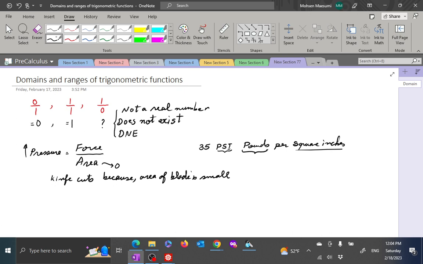If you have a substantial force divided by a small area, you get a high pressure. High pressure can easily cut through skin or even metal and such. So mathematically we symbolize this thing by saying 1 over 0 is infinity.